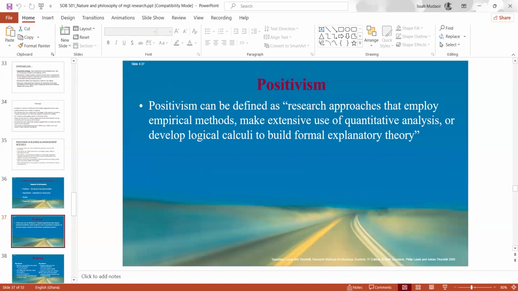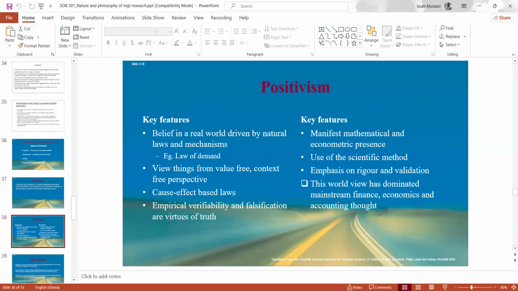So what are the key principles of positivism? Live in a real world driven by natural laws and mechanisms. Okay? Believe in the law of demand and supply. The higher the price, the what? Yes, it's a law. Demand and supply. Okay?